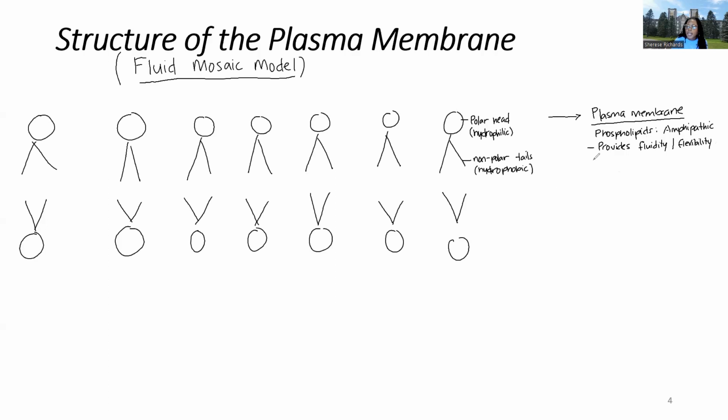All right. It's also going to be impermeable to water. Again, this is what allows us to separate water compartments because water can't get through here, but also impermeable to any polar molecule. So impermeable to water and polar molecules.